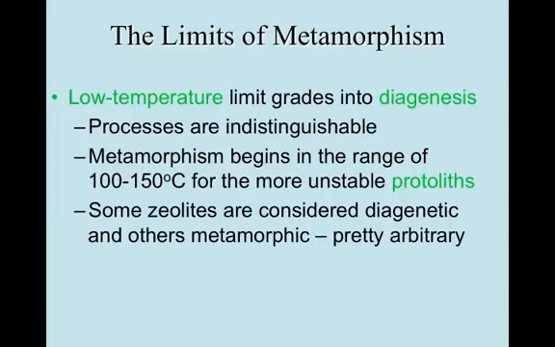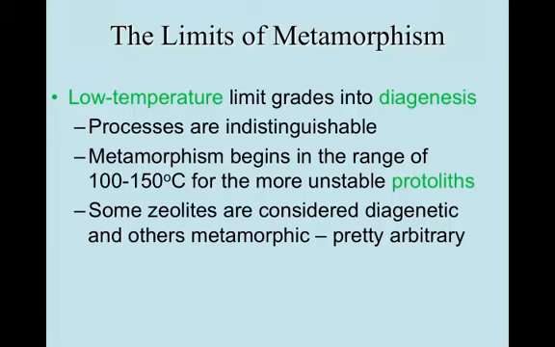A protolith is, as the name implies, proto is prior or earlier form of the rock, lith being a rock. So what the rock was before it was metamorphosed. So that temperature range is variable, and so there's a fuzzy boundary in the low temperature end of metamorphic processes, and I'll point to those on the pressure temperature diagrams.